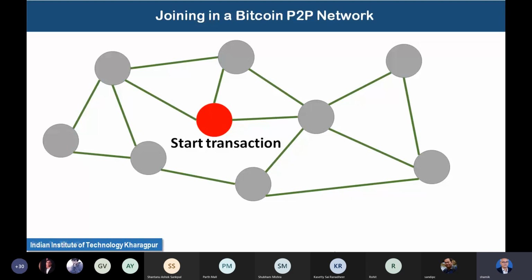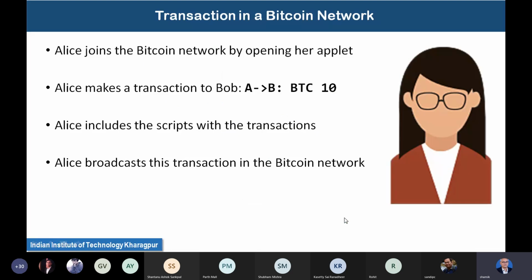So that is what you will do. So if you want to start a transaction, you must always first have some Bitcoin paid to you, which you can then use as input to generate the outputs. And how to make use of it, we have seen in our discussion on scripts.